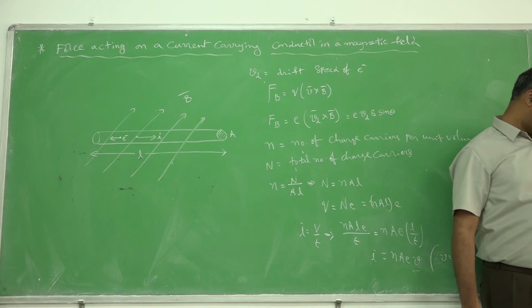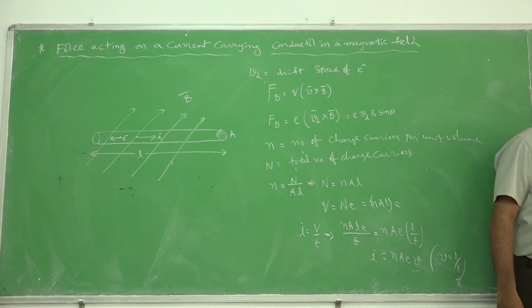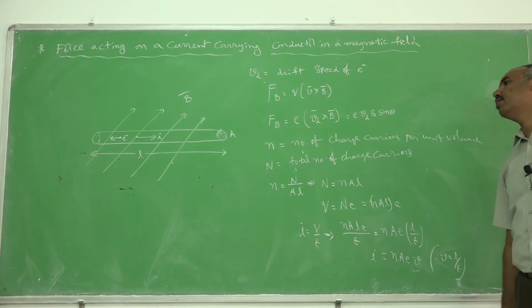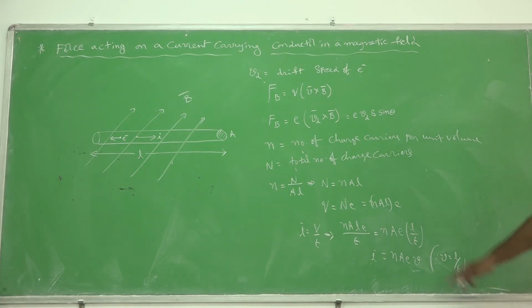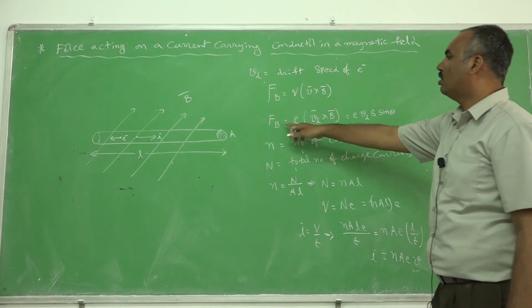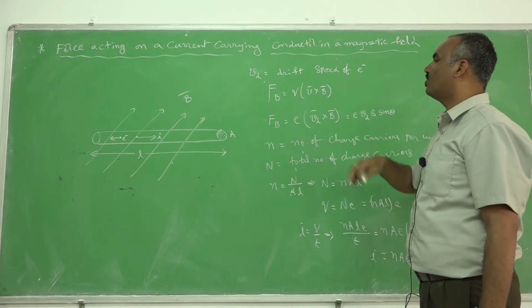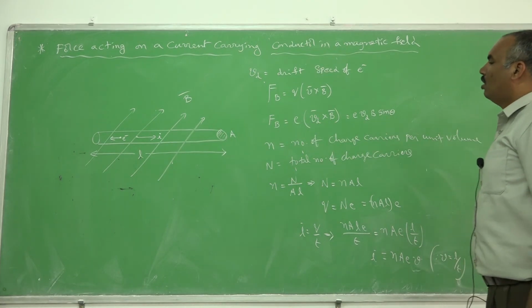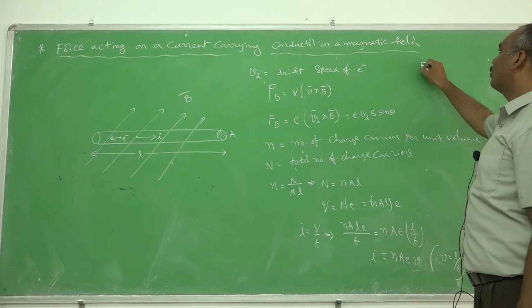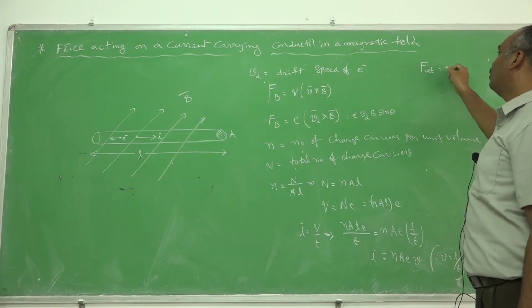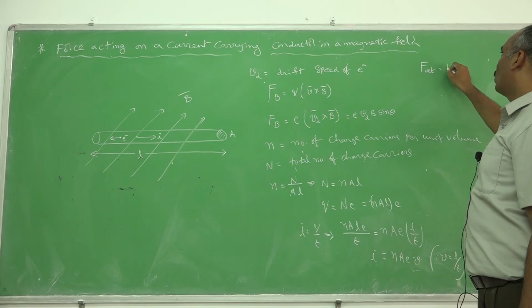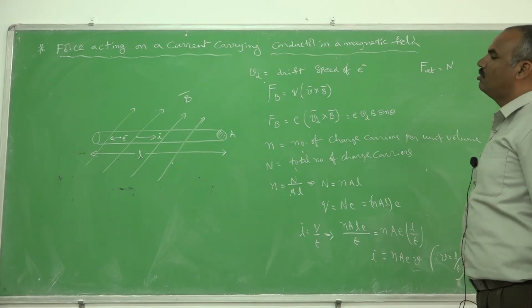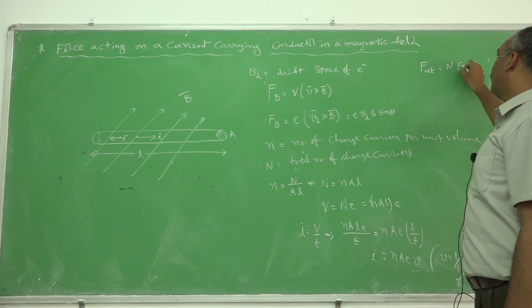Now, from the above expression, each charge carrier experiences a force F, this is the force experienced by a single charge carrier. The total net force experienced is the total number of charge carriers into the force experienced by each charge carrier.